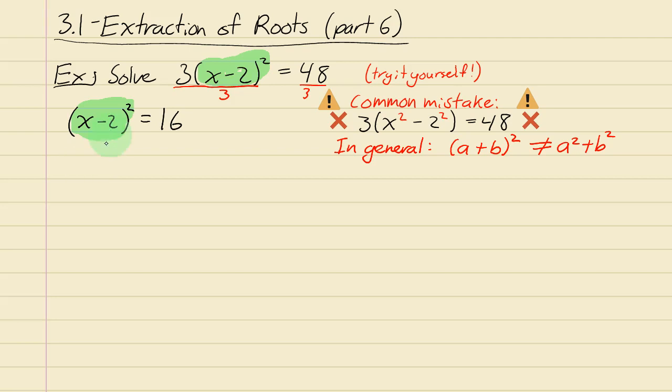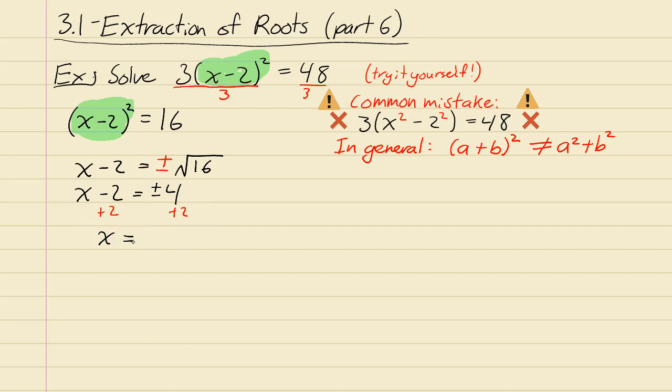And that will give us the square root on the left side cancels out. And here we do need to remember there's a plus or minus square root of 16, which simplifies to x minus 2 equals plus or minus 4. So now to add 2 to both sides, we could just do plus 2, plus 2.